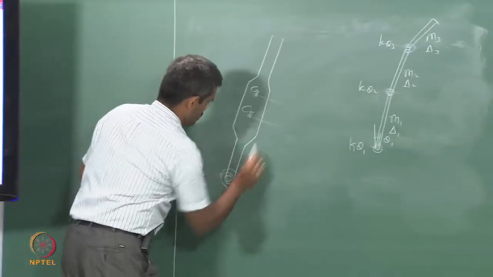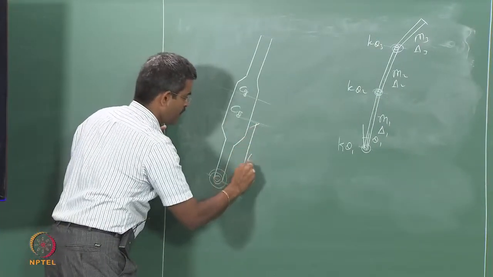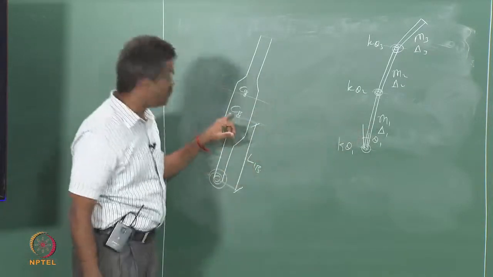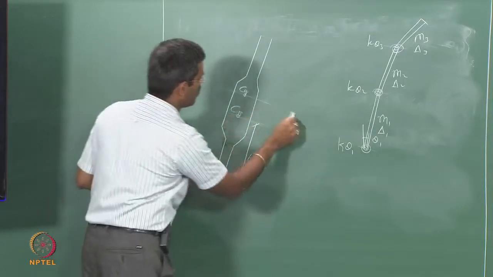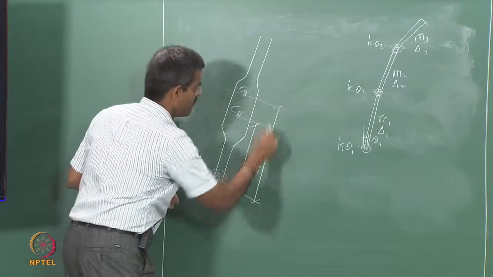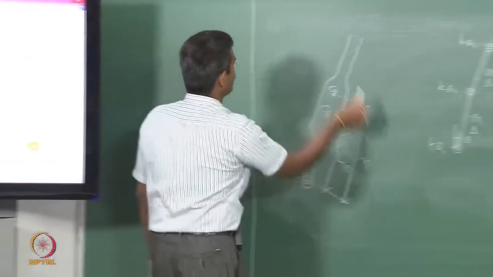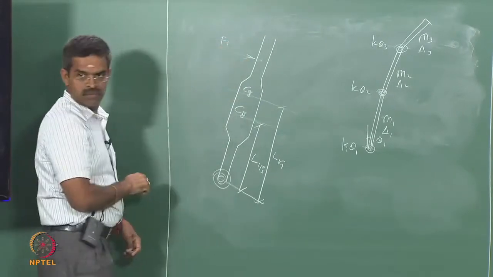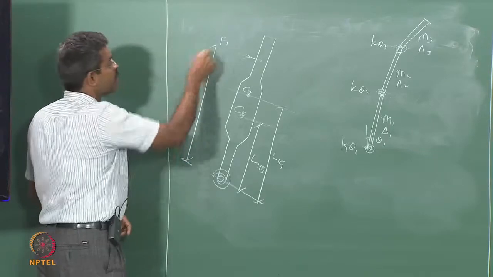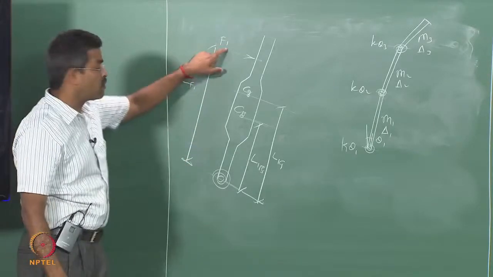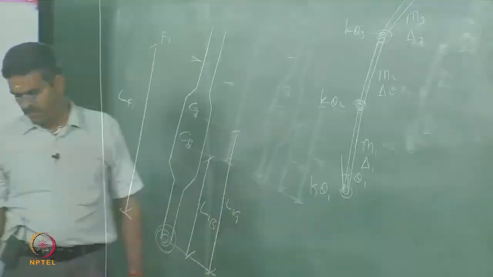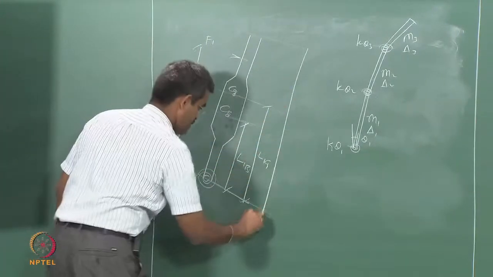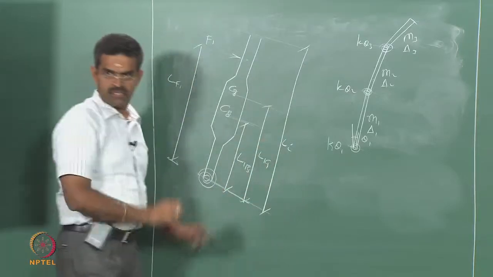I call this distance from the hinge as L1B. L stands for the length, 1 stands for the number of the member, and B stands for the buoyancy center. So similarly I would call this as L1G. If I really wanted to find a force at any point on this member where the force is acting as F1, I would call this distance as LF1, because I want this for a moment on the right hand side of my equation of motion, and of course I will call this entire length as typically Li, in this case L1.